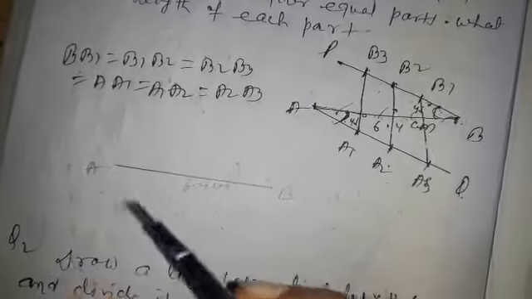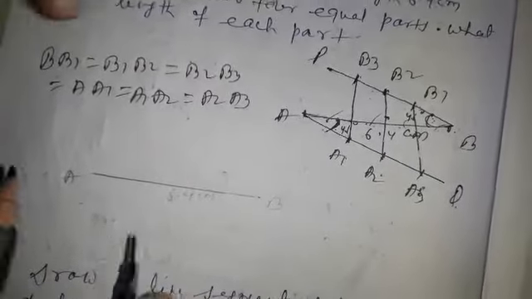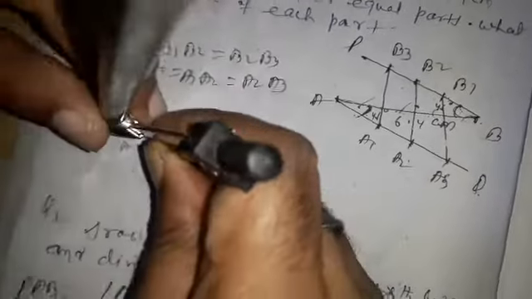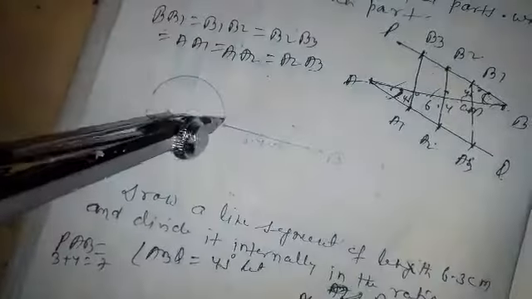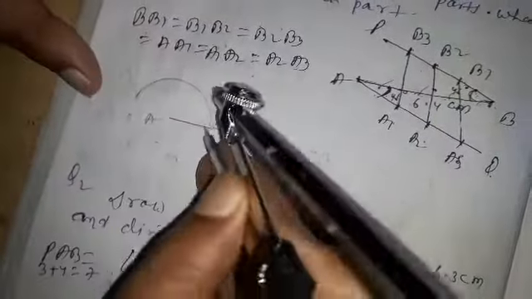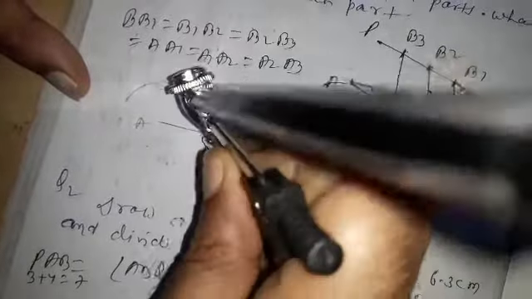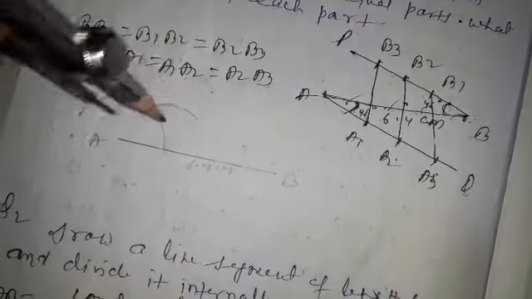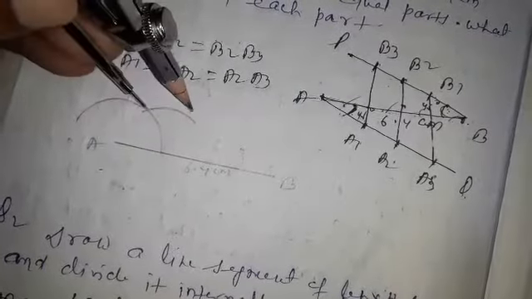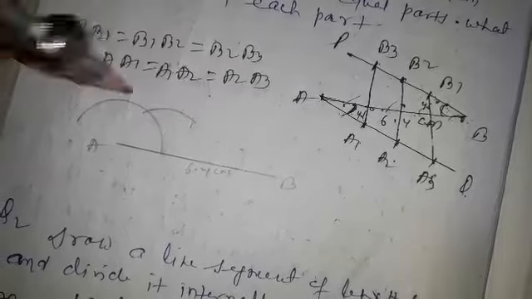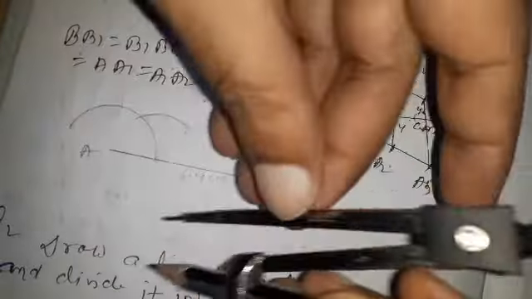We have to divide it into 4 equal parts. First we draw an acute angle at point A. We can take acute angles, so here we take an angle of 30 degrees.